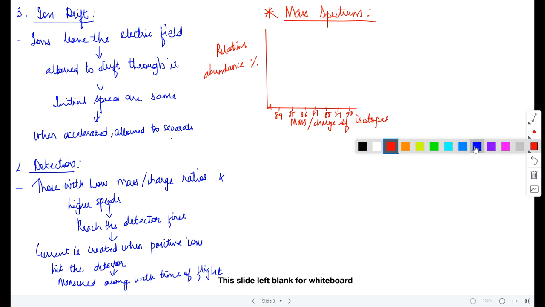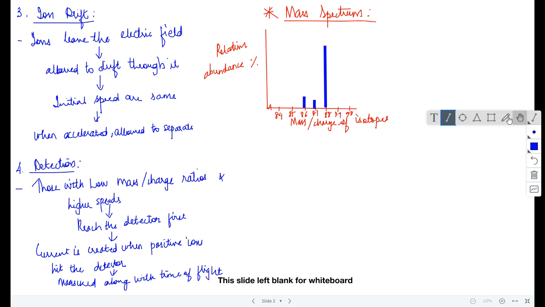At 86, my value was this much. At 87, it was still decreasing, but at 88, I have an increased relative abundance. What does this mean?